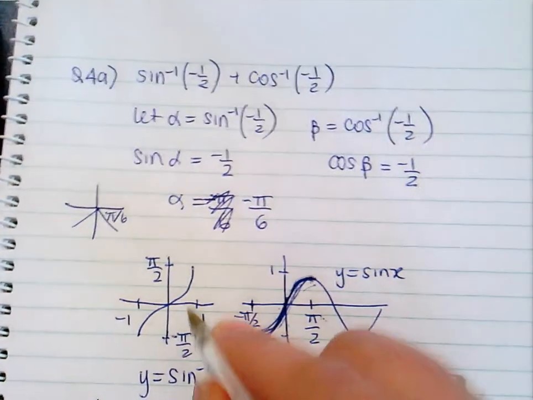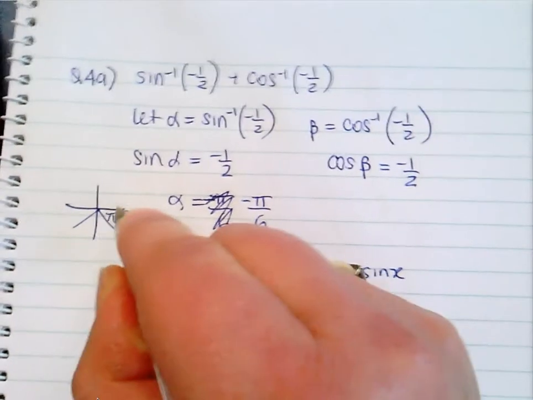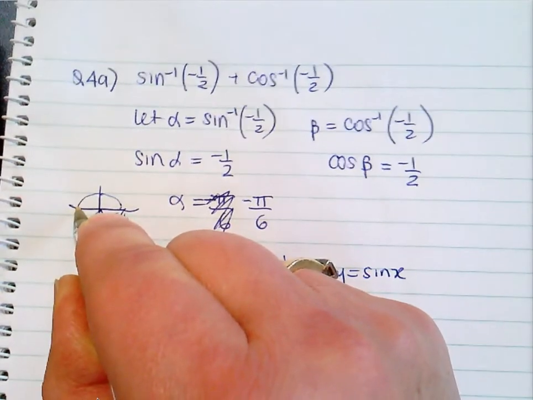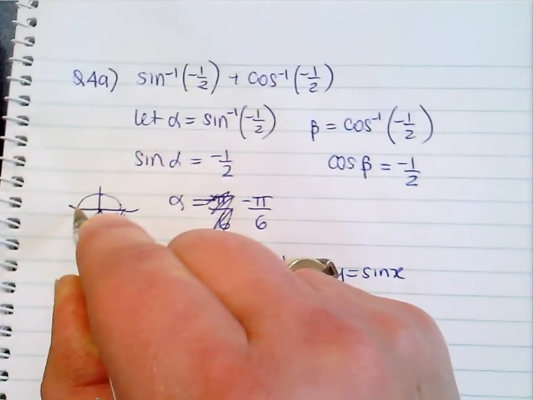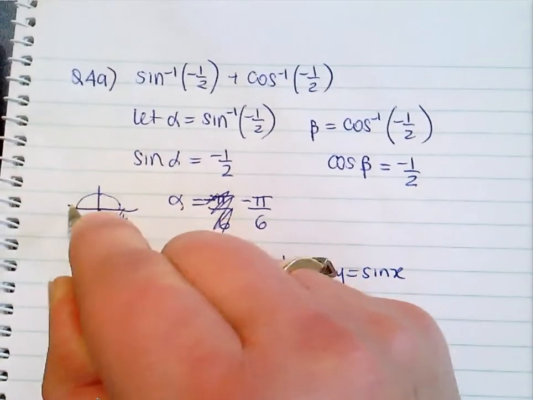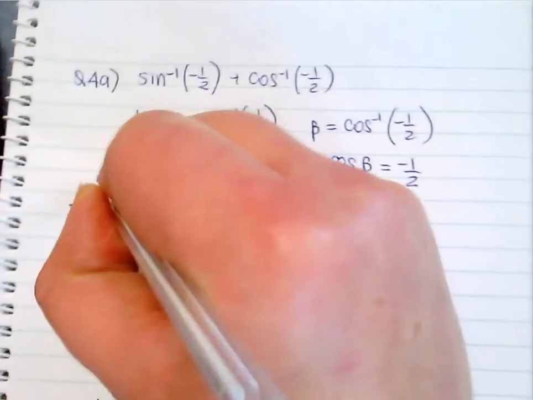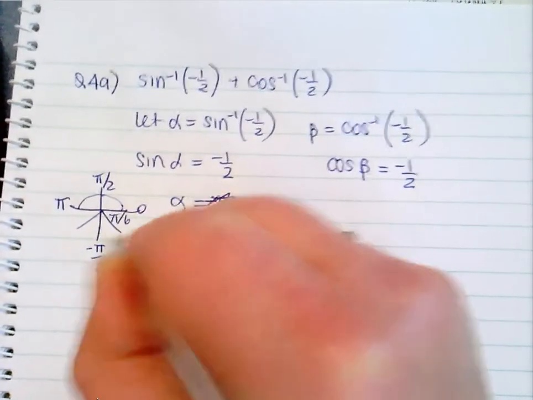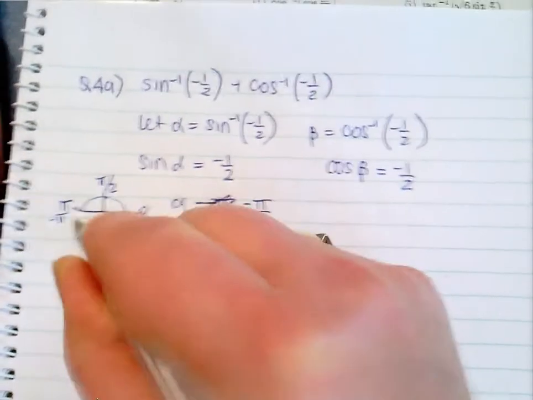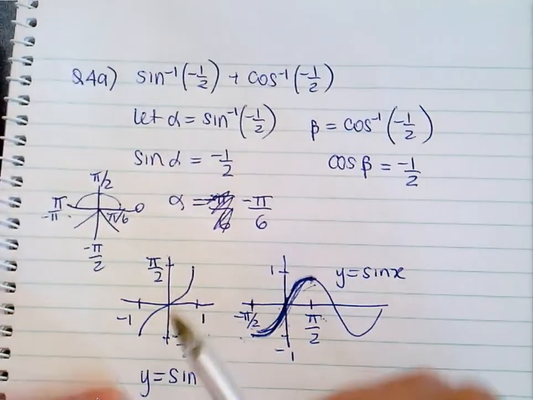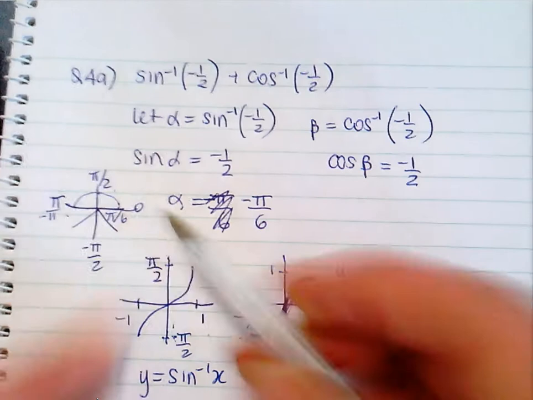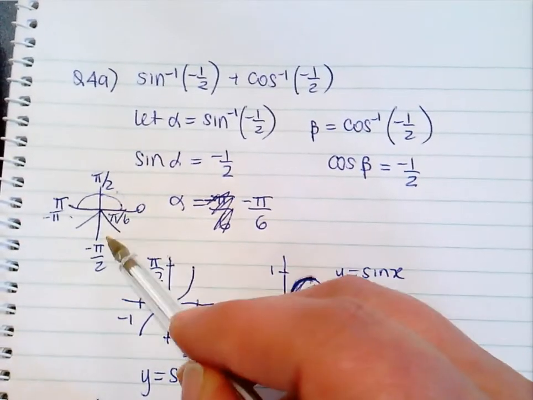Quadrant 1 is 0 to pi on 2, quadrant 2 is pi on 2 to pi, which is 90 to 180. Minus pi on 2 if we're coming this way, minus pi all the way. But the inverse sine curve is only from minus pi on 2 to pi on 2, quadrants 1 and 4.